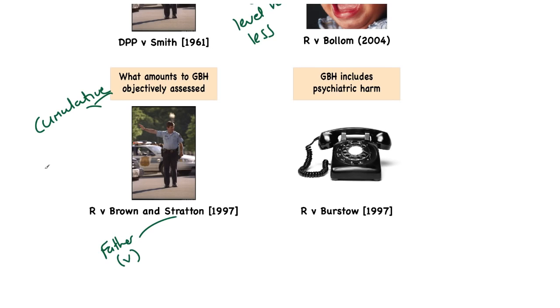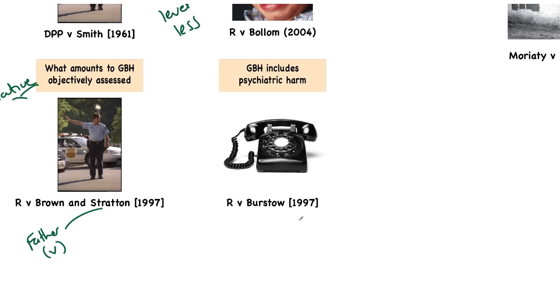So the fourth area that we need to clarify, and this is straightforward, is that since 1997, as a result of R versus Burstow, grievous bodily harm can include psychiatric harm. If you remember, the defendant, a little bit of a nutter, has a brief relationship with a woman, she ends the relationship, he can't accept the decision and embarks on this campaign of harassment against her over a period of some 8 months.